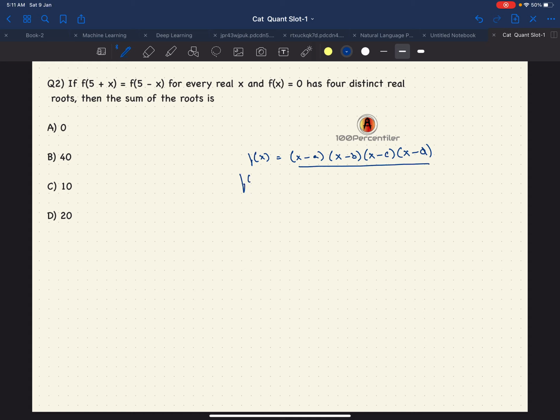Now we are given that f of 5 plus x equal to f of 5 minus x. So simply putting 5 plus x and 5 minus x into this particular form, we get (5 plus x minus a)(5 plus x minus b), and so on, which is equal to (5 minus x minus a)(5 minus x minus b), and so on.